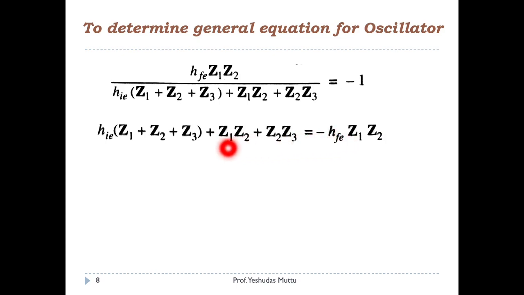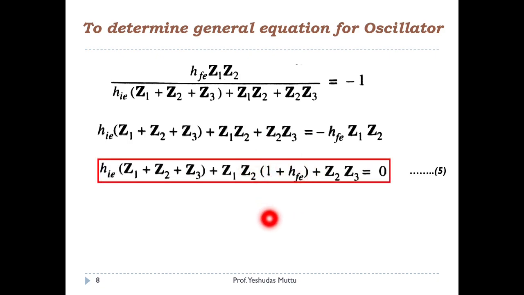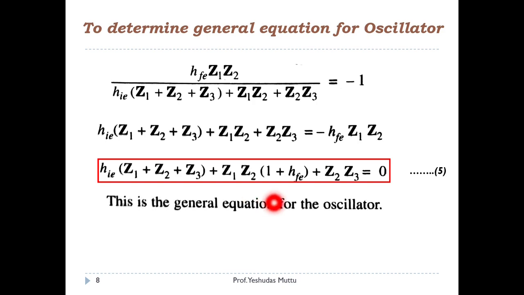So Z1 Z2 will be common, so it will be 1 plus HFE term which will be left out, and this is my final expression for the general equation of an oscillator. So this is the general equation for an oscillator, not any oscillator, but an LC oscillator to be specific. Now one by one we are going to consider the types of LC oscillator. So this was the general equation for the LC oscillator.